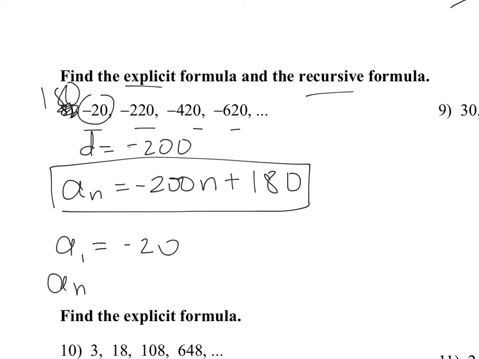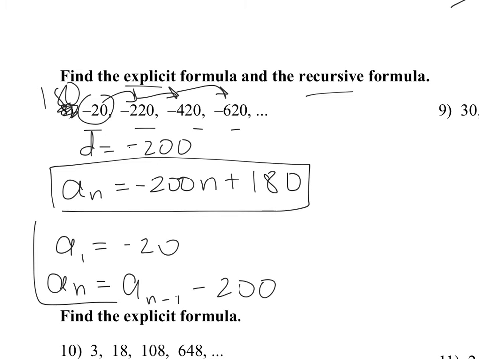The next term a sub n is equal to the previous term a sub n minus 1, and then the way we discovered that you get from term to term is to subtract 200. So this right here would be the recursive formula.